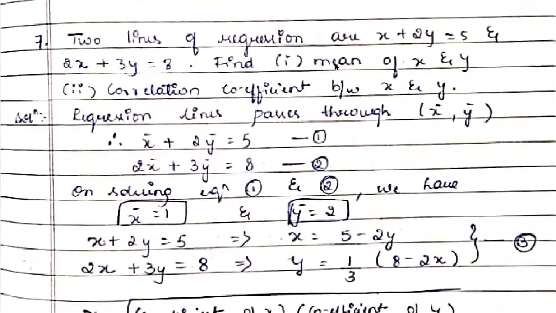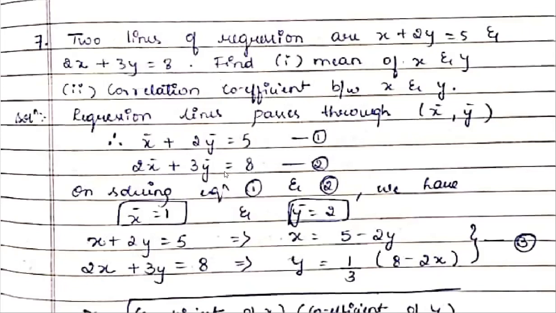So just now I said, whenever two lines are given and it is asking you to find x bar and y bar, you have to write that x bar and y bar satisfy the given equations. So just replace x with x bar and y with y bar. So this becomes x bar plus 2y bar equals 5, and this becomes 2x bar plus 3y bar equals 8.